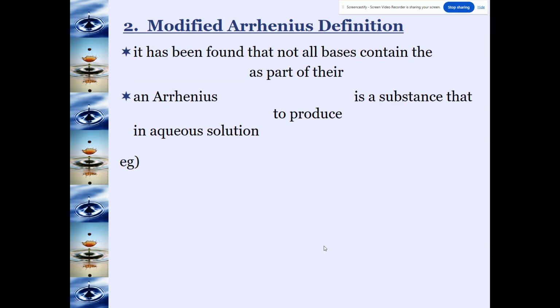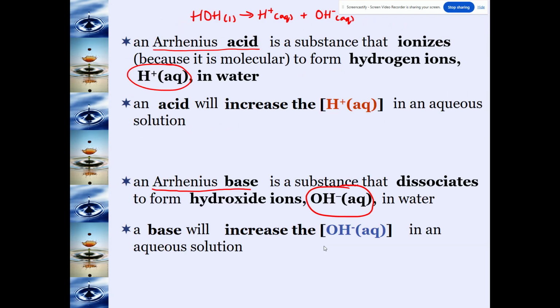Now, this is good and all, and again, when we're talking about identifying an Arrhenius acid or an Arrhenius base, any acid can be classified as an Arrhenius acid. It's any hydrogen bonded to an anion. Again, it's technically molecular, but it acts ionic once it's put in water.